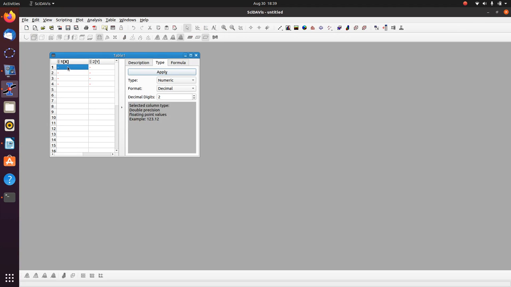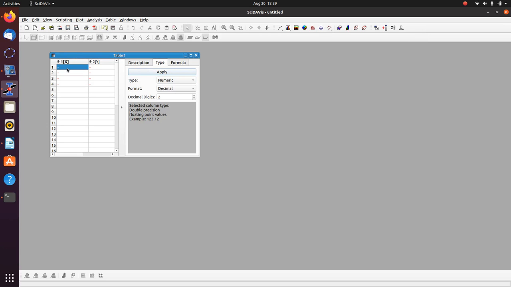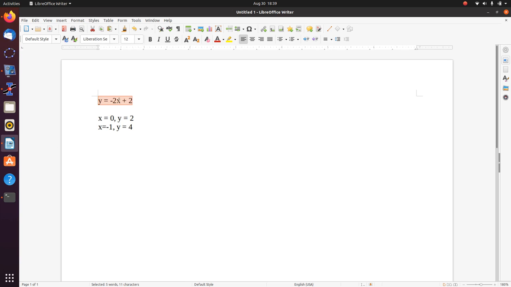Remember, our function is y equal to -2x plus 2. So if we come over here, we can see that we can put in x values. So let's put in -2 as an example. And if you plug in -2, well, -2 times -2, because I'm plugging in -2 for x, is 4, plus 2 is 6.